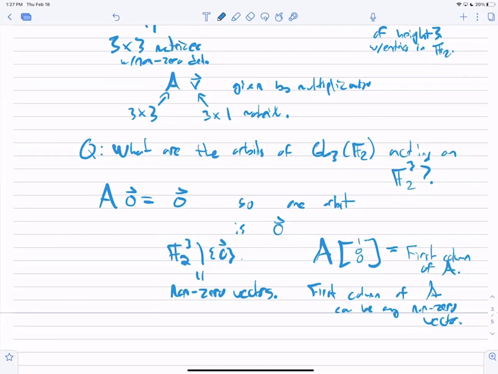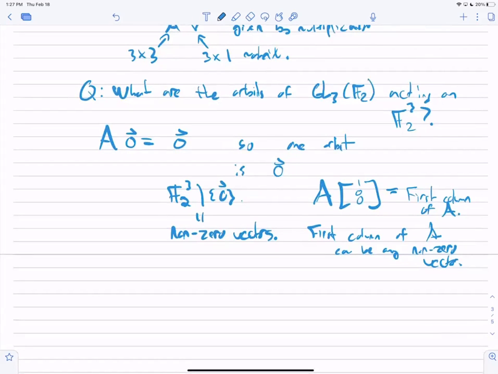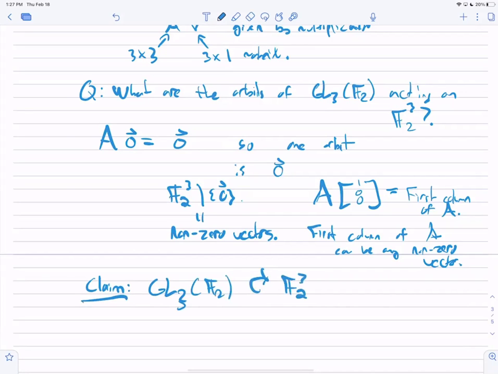Good. In fact, I claim the action of GL3 of F2 on this second orbit of non-zero vectors is faithful. Sorry, I keep saying transitive when I mean faithful.